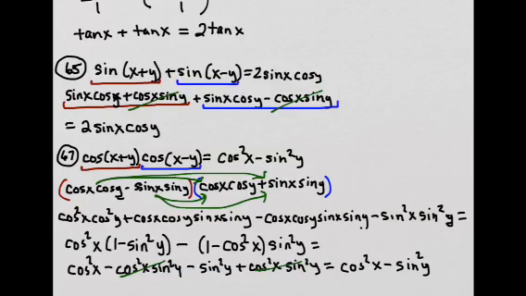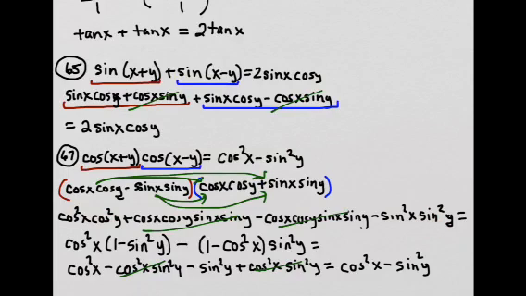And notice how the two middle terms cancel out, this one and this one cancel out, and you're left with cosine squared x cosine squared y minus sine squared x sine squared y.